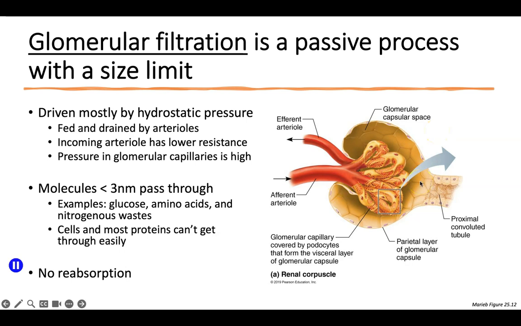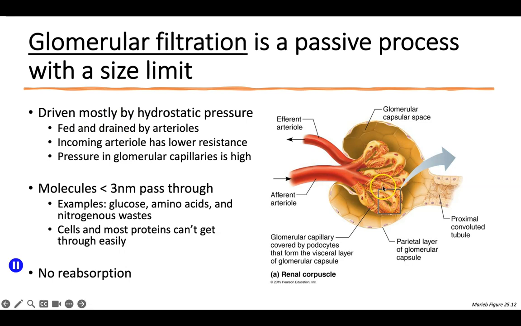Glomerular filtration is a passive process, and it has a size limit based on the porousness of these fenestrated capillaries, as well as this visceral membrane of the glomerular capsule. Glomerular filtration is driven most by hydrostatic pressure. So that's the pressure of blood within this glomerulus, within these capillaries.